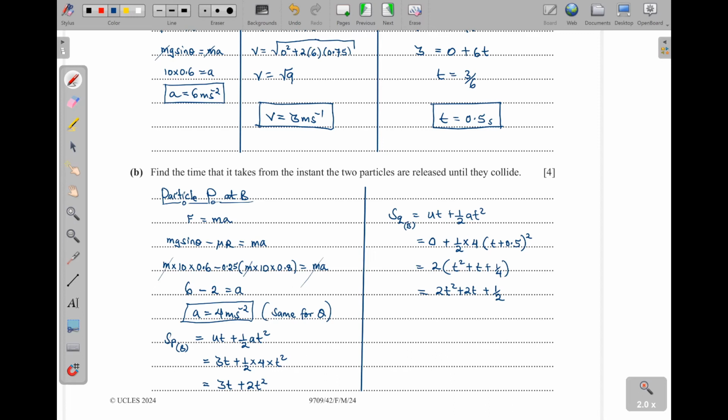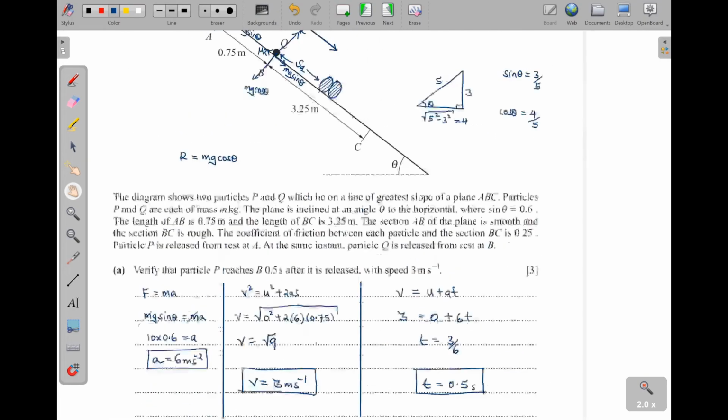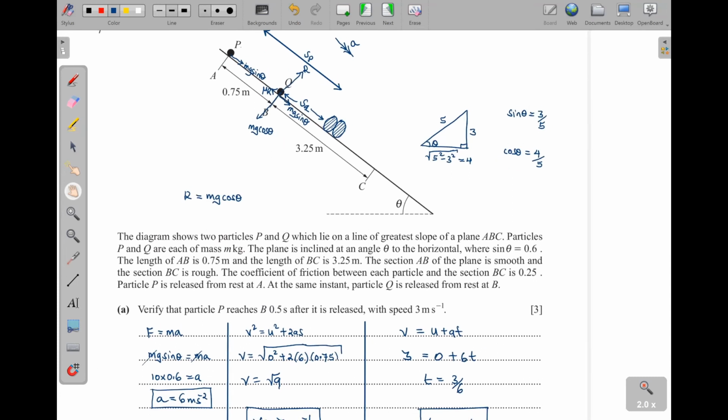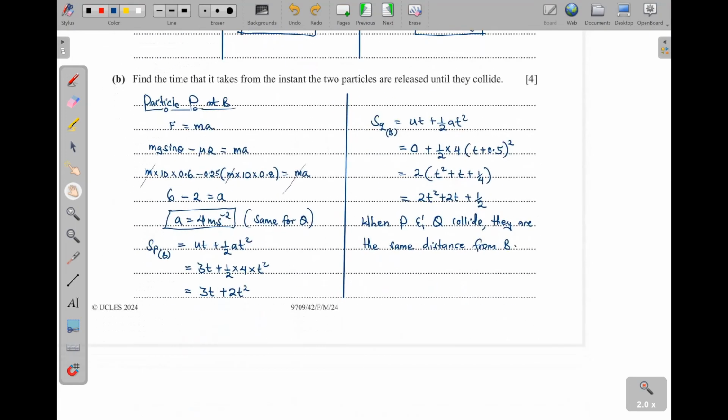Now, when P and Q collide, they are the same distance from point B. And I showed it here. They have collided here, so they are the same distance from B. That is why when I was writing these expressions, I was putting on the B, okay?